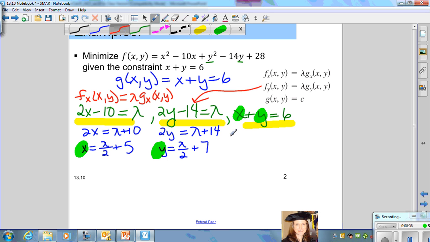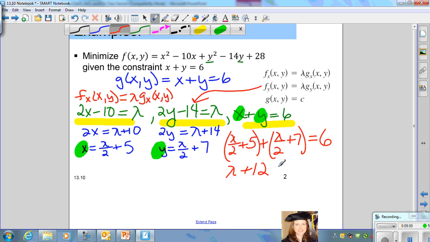So if x is lambda over 2 plus 5, that's our x, plus y is lambda over 2 plus 7, that has to equal 6. Now when we simplify this, a lambda over 2 plus a lambda over 2, we get lambda, and then 5 plus 7, we get 12. So lambda plus 12 equals 6, and then we can solve this for lambda and find that lambda is equal to negative 6.